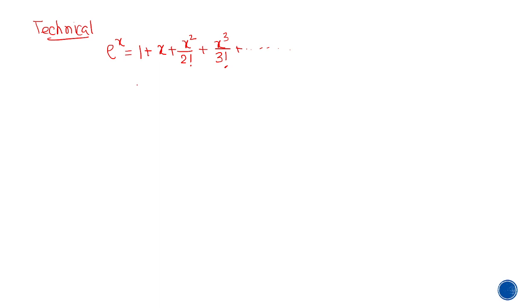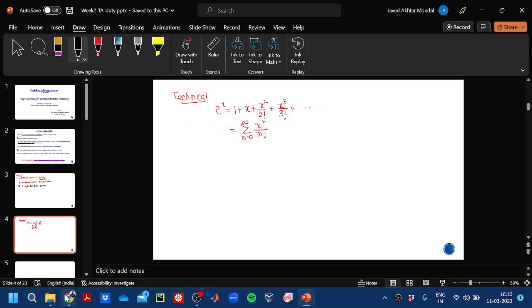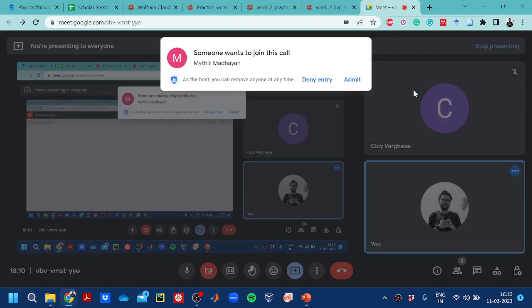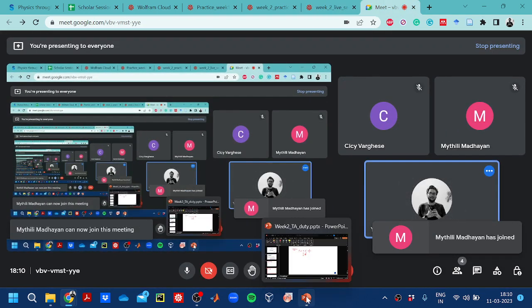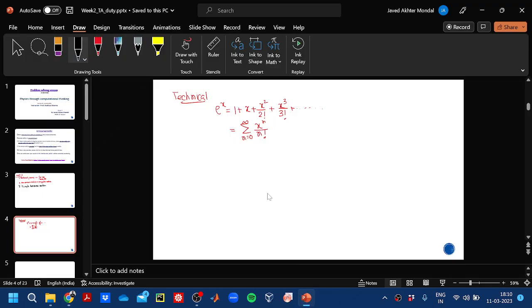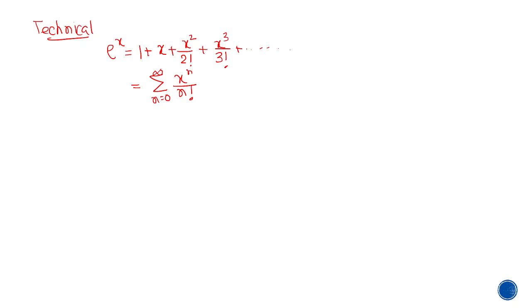In general, we can write this as the summation of x to the power n by n factorial, where n goes from 0 to infinity.